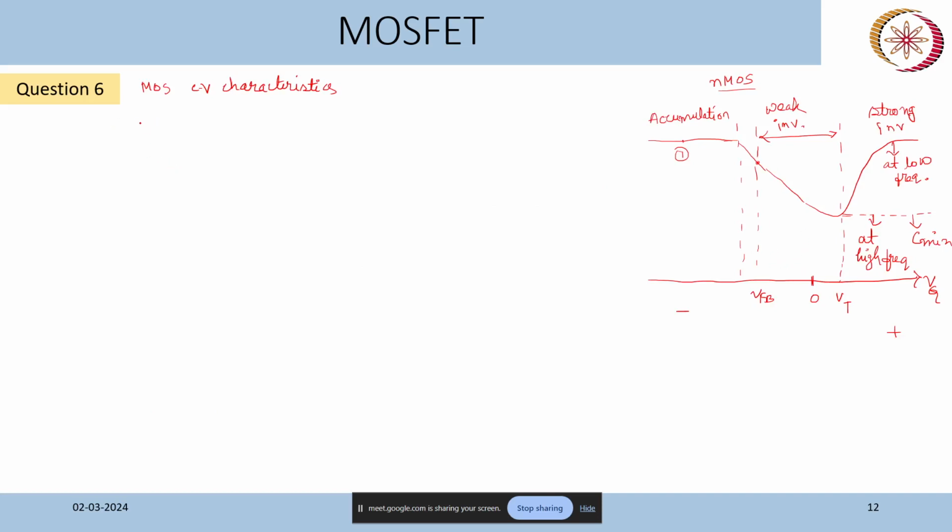Okay, so in MOSFET the equivalent circuit will be the equivalent circuit for the MOS capacitor, only the metal oxide semiconductor layer. I'm not considering the MOSFET like the source, drain and other capacitances, only these three layers.